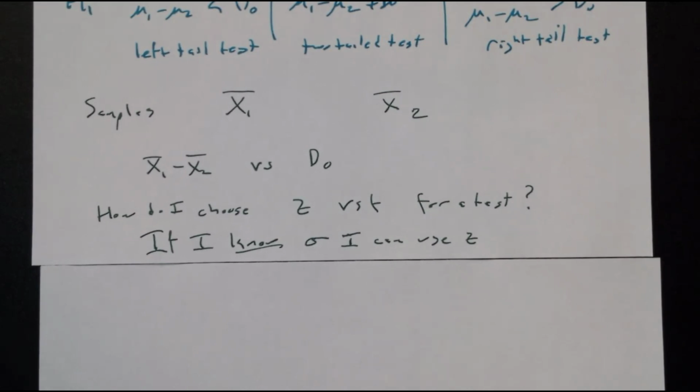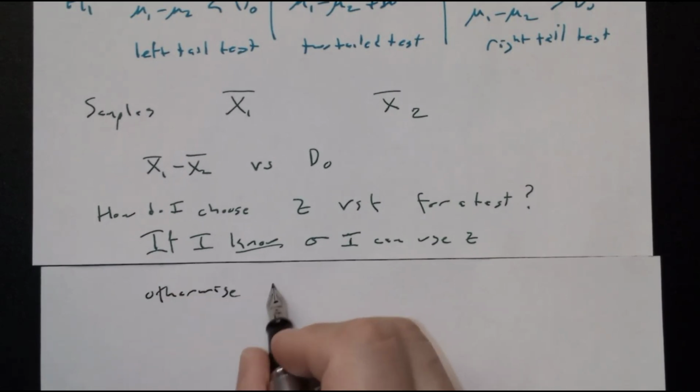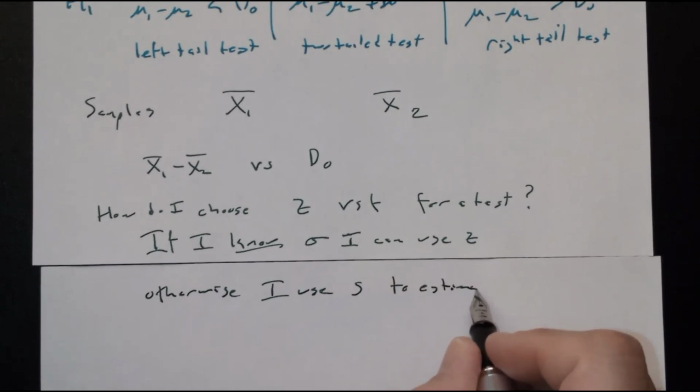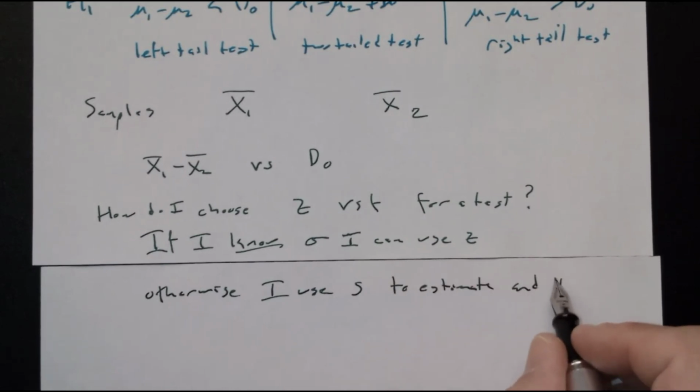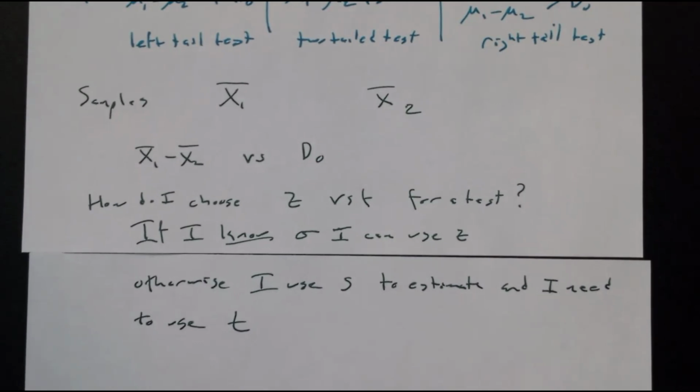I know those, I gathered the sample data. So that's the critical piece of information. I need to know whether or not I know population standard deviation, the population variance.